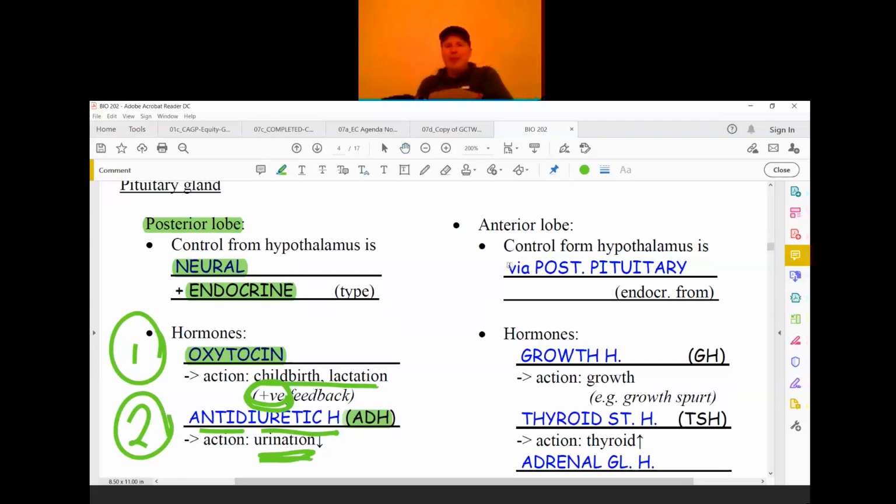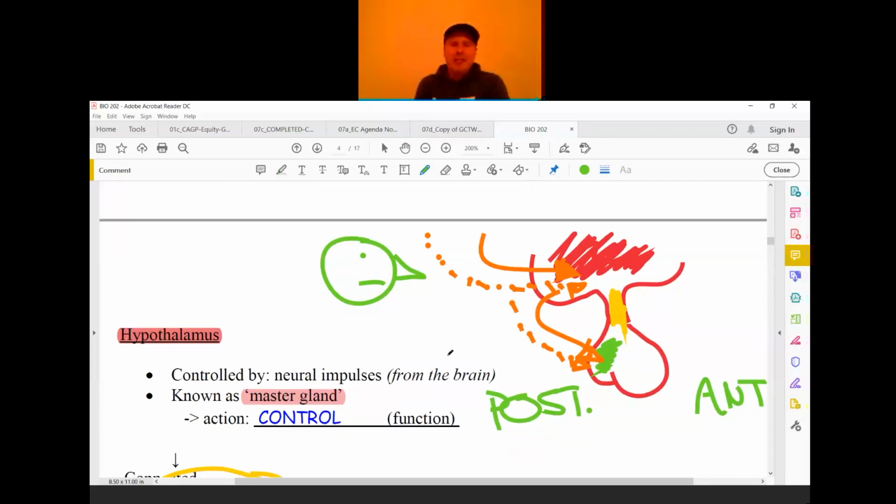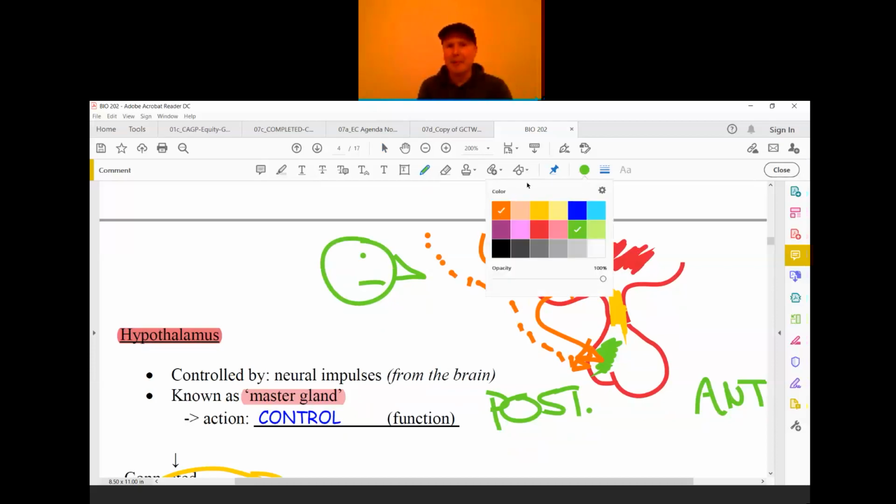What we're going to do now is move on and have a look at the anterior pituitary. The anterior pituitary actually receives all of its messages from the posterior pituitary. It doesn't receive messages directly from the hypothalamus.